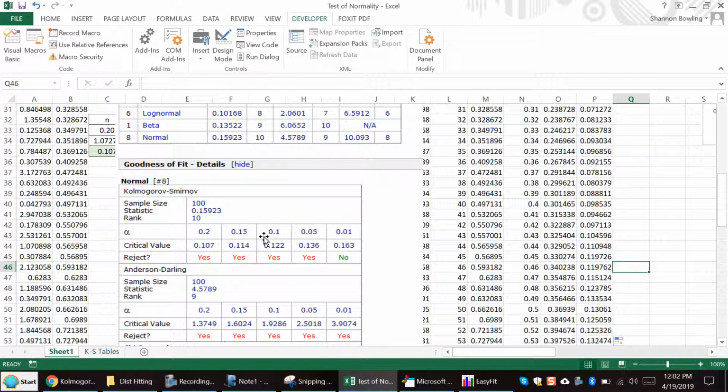So what modern, not EasyFit, which is modern, but more sophisticated modern software, what it will actually do is it will just go ahead and generate a small part of that table while it is doing the analysis. So a lot of times with more sophisticated software, instead of just giving you this table, it will give you a number of something like 0.0236.